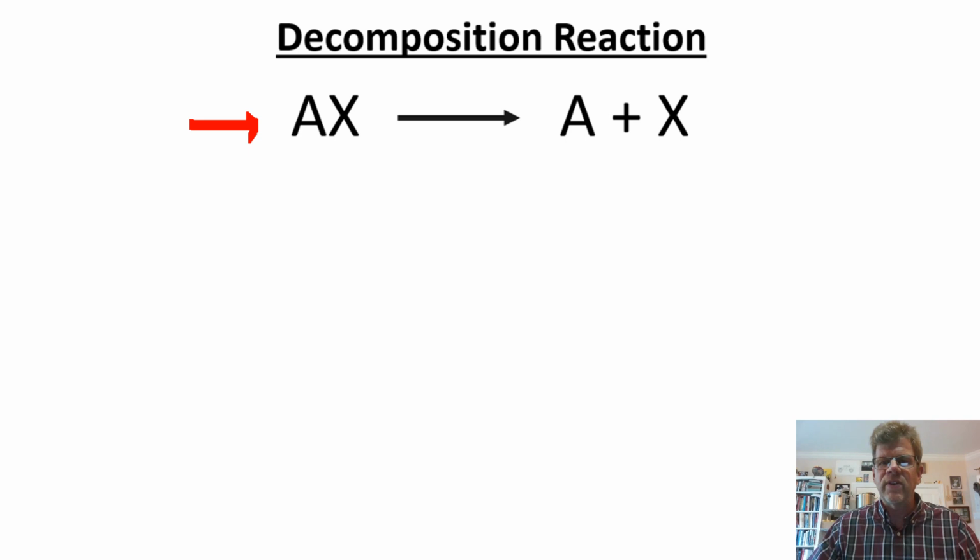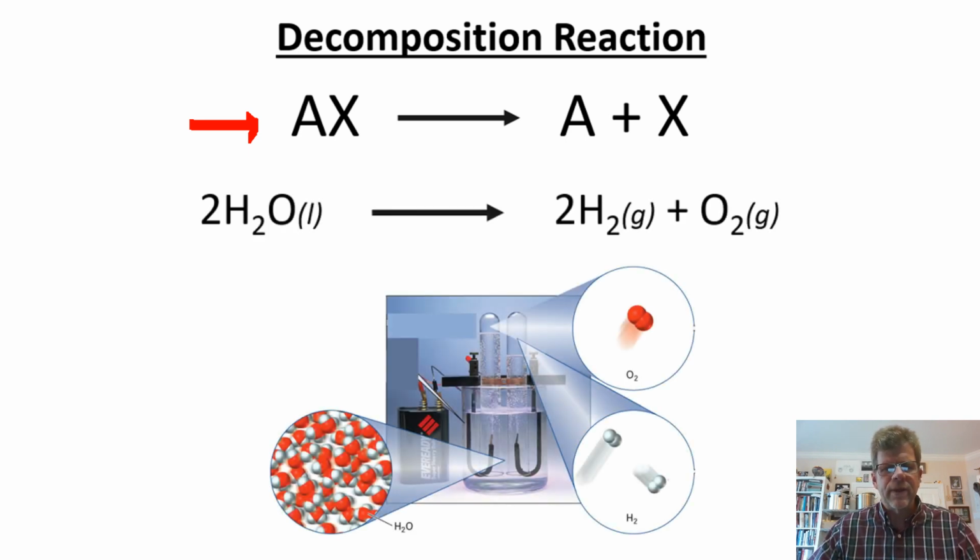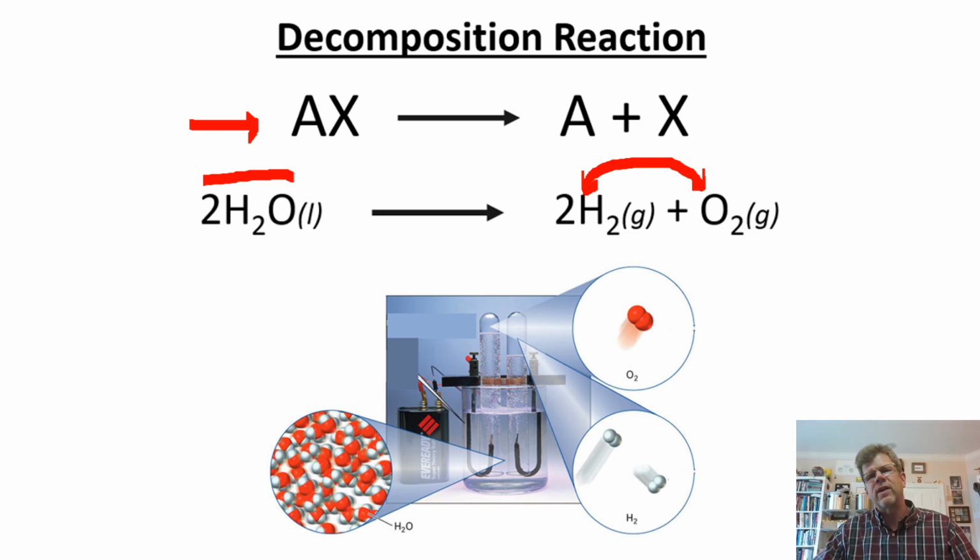So it's a decomposition reaction. An example of this would be the electrolysis of water. If we run an electric current through a sample of water, and here's water on the reactant side, we can come out with our two constituent elements, diatomic hydrogen and diatomic oxygen, which we see here. So looking at this particular reaction, we would say, okay, this is an example of a decomposition type reaction.